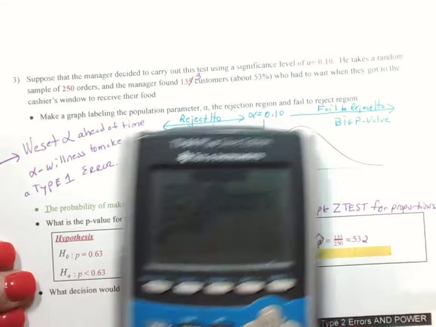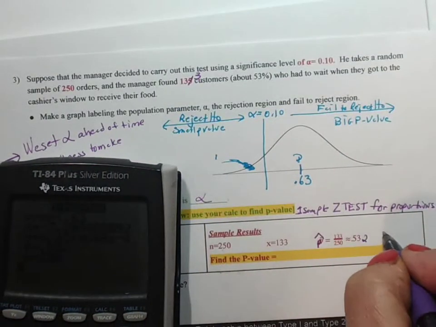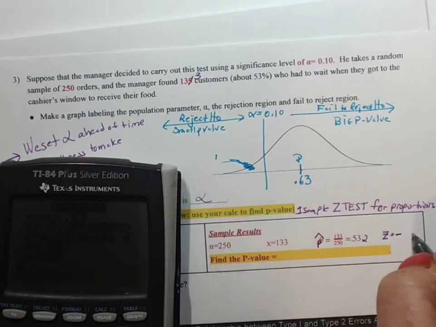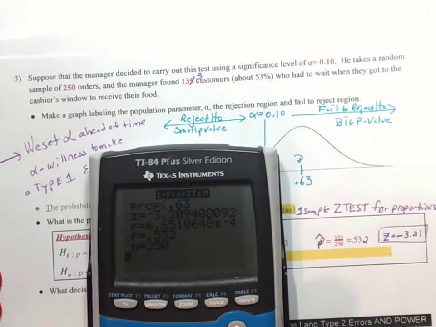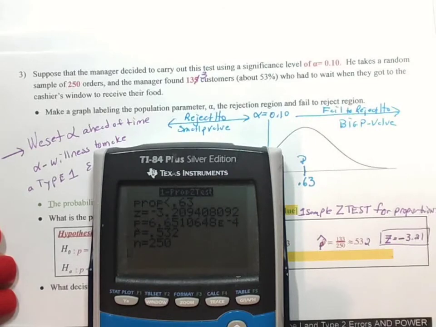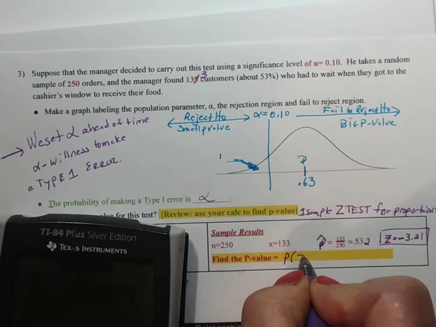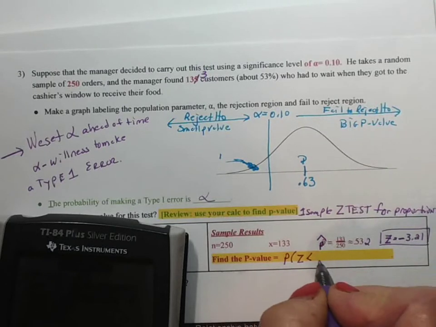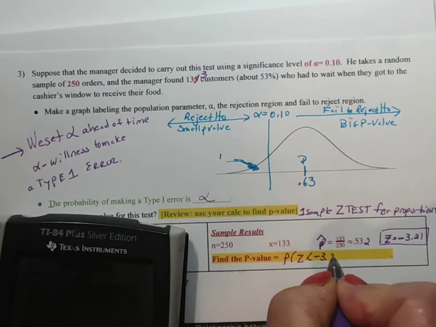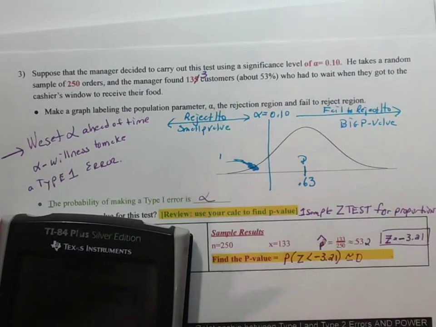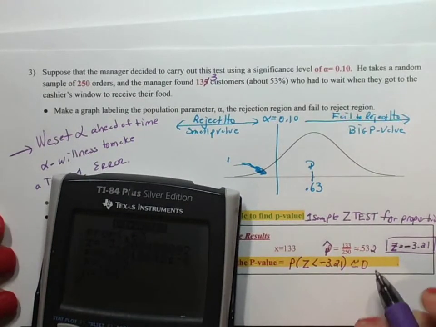And we found that z is equal to negative 3.21. And our p-value, the probability that z is less than negative 3.21, is essentially 0. Okay, it's basically 0.